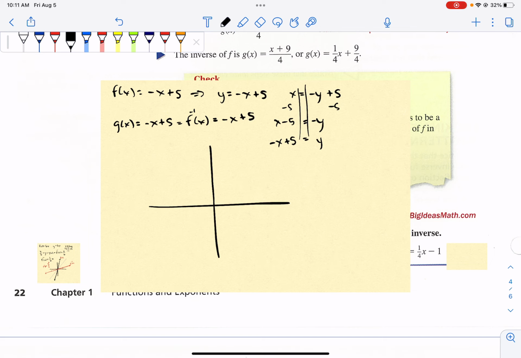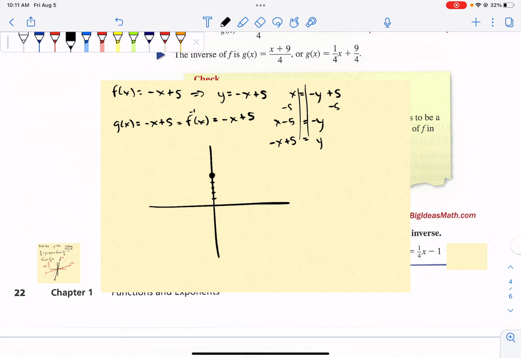My original function, oh, it's right there at the top, negative x plus 5. So I know that when x is 0, I'm going to cross at 1, 2, 3, 4, 5. I'm going to cross right here.